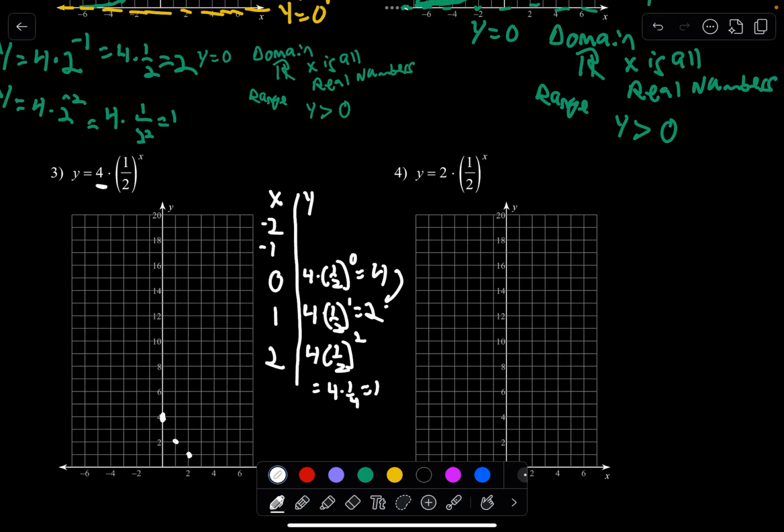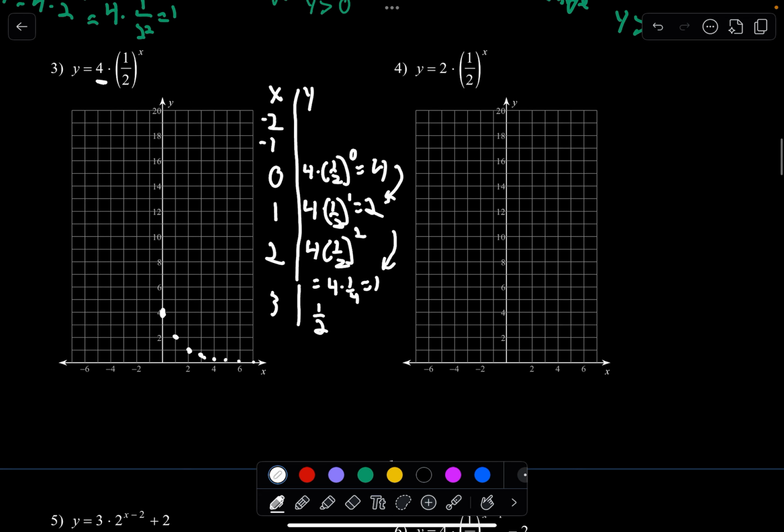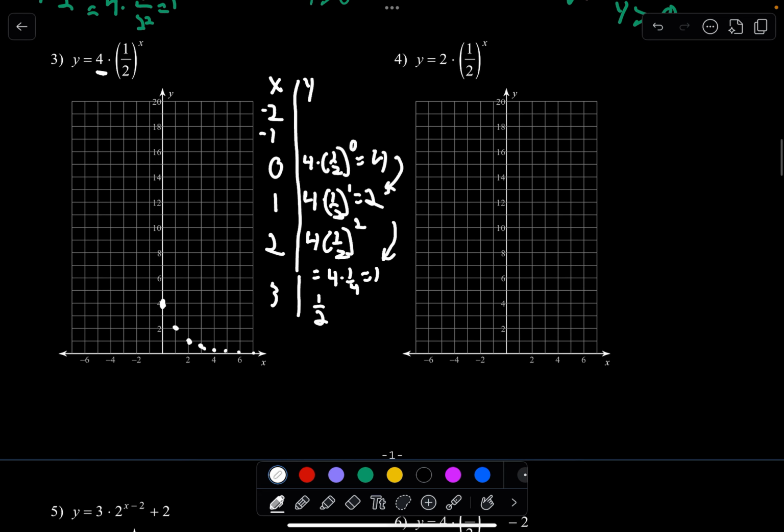We're dividing by 2 each time, or multiplying by 1/2 if you wish. So at 3 it's going to be 1/2, then 1/4, then 1/8, then 1/16, and then 1/32, which is obviously really, really close to 0. So we're approaching 0, but we are not touching y equals 0.